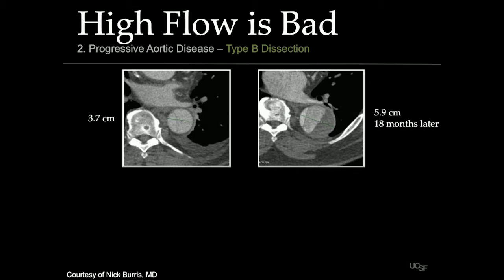On the follow-up, 18 months later, pretty marked progression, so this is definitely one of the cases that you'd like to catch early on. One of the theories in the literature is that a pressurized false lumen is at play with disease progression here, and you'd think that there you'd have a jet in, and then maybe during diastole, a reverse jet out, speaking to that pressurization of the false lumen.